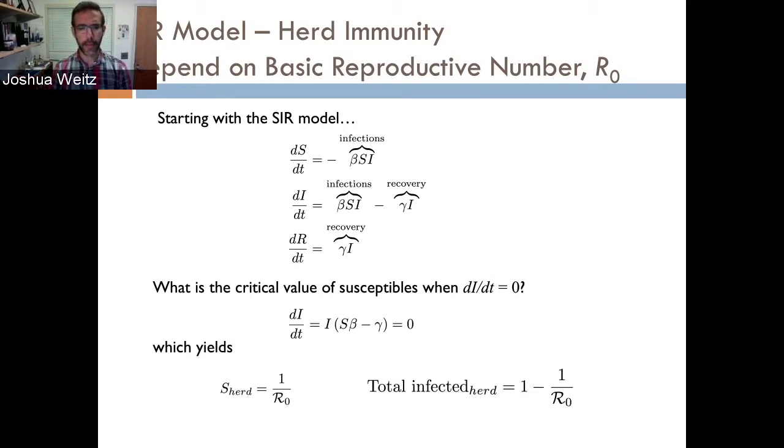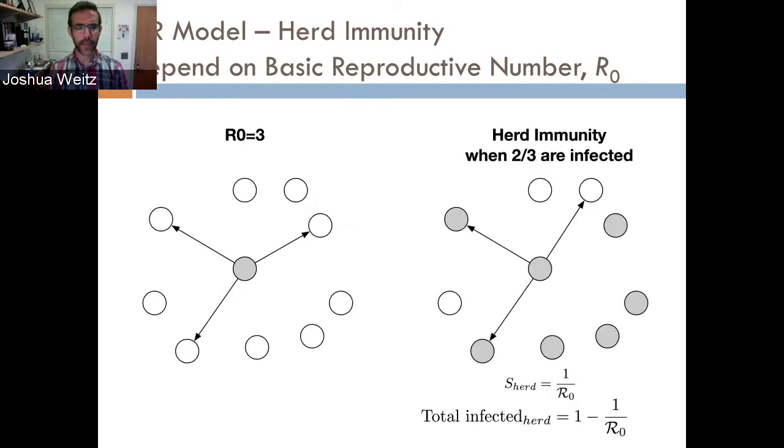Now, again, that's a mathematical answer, but let's actually think of it in terms of a graphical illustration. Here we have at the outset on the left a single infectious individual in a population in which everyone is susceptible. R0 is 3. There's going to be a certain number of interactions. Those 3 individuals on average will be infected. But later on, in this case, 2/3 are already infected. If that same focal individual is infected, what you can see is now rather than infecting 3 new people, 2 of those people had already been infected and won't lead to a new infection.